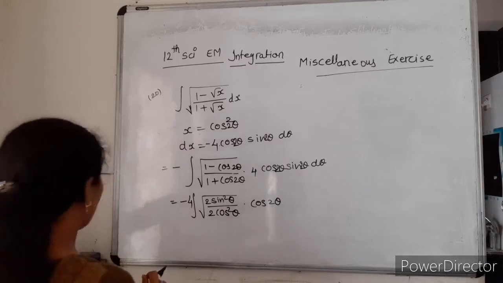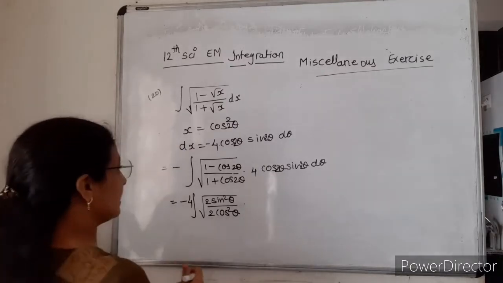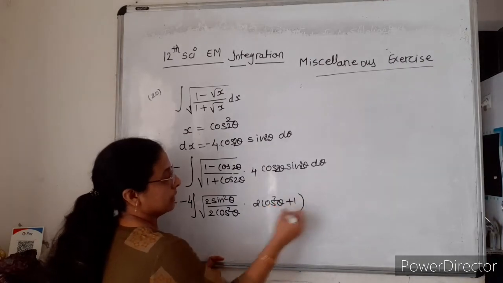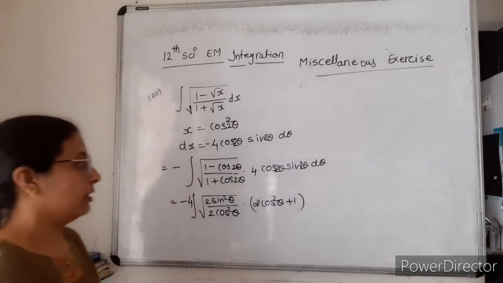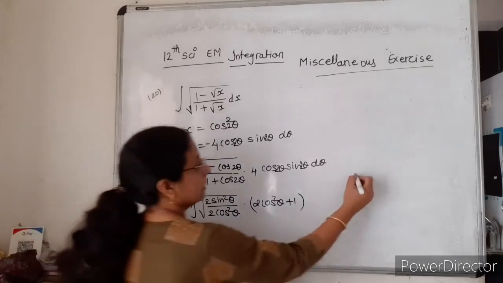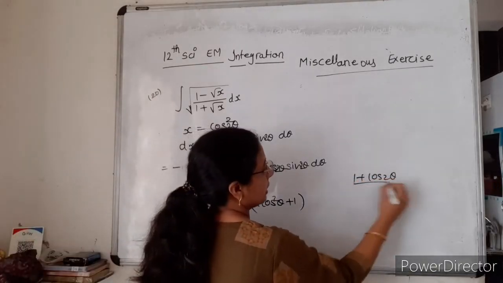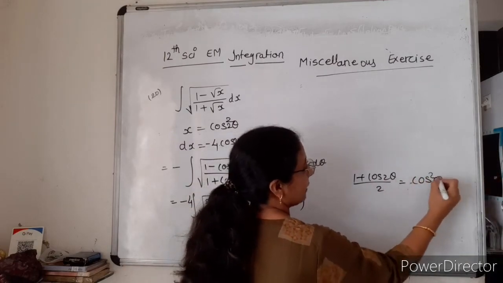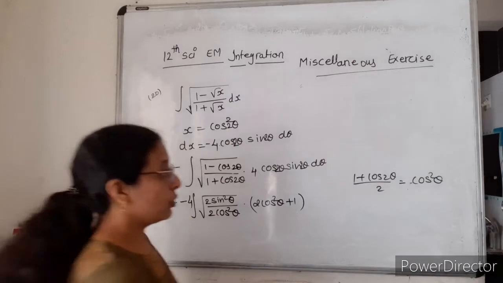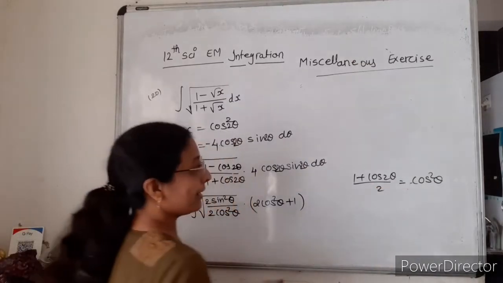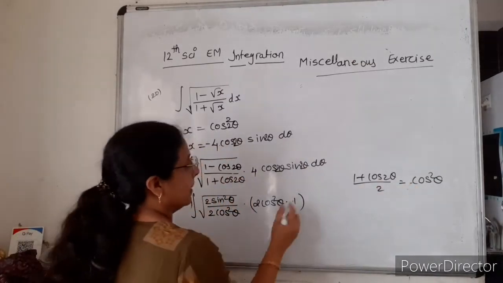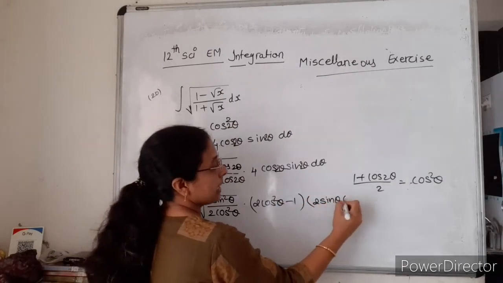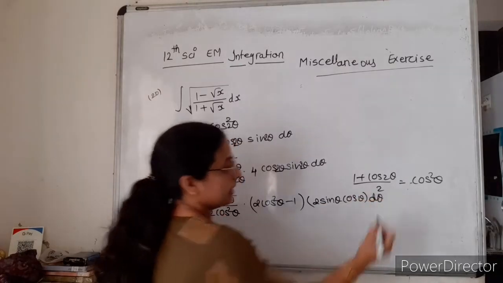So instead of cos 2 theta, we can say 2 cos square theta minus 1. Yes or no? Yes. Here 1 plus cos 2 theta by 2 is equal to cos square theta. That is the formula. So cos 2 theta is 2 cos square theta minus 1. Sin 2 theta is 2 sin theta cos theta d theta.